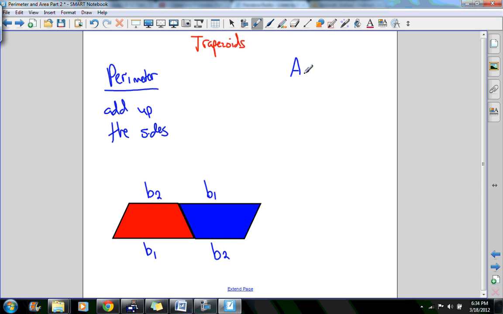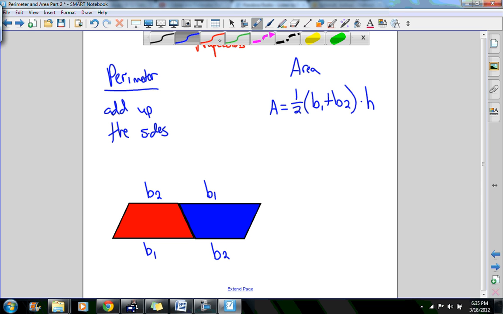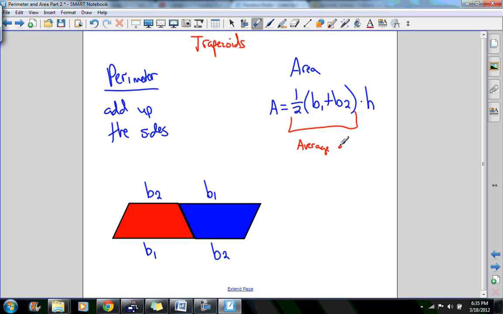You notice here, base 1 is now up top, and base 2 is now on bottom. So the formula for area of a trapezoid, and I'm going to write it down first, is equal to 1/2 base 1 plus base 2 times the height. The way that I'm going to explain it is, right here is the average of the bases.